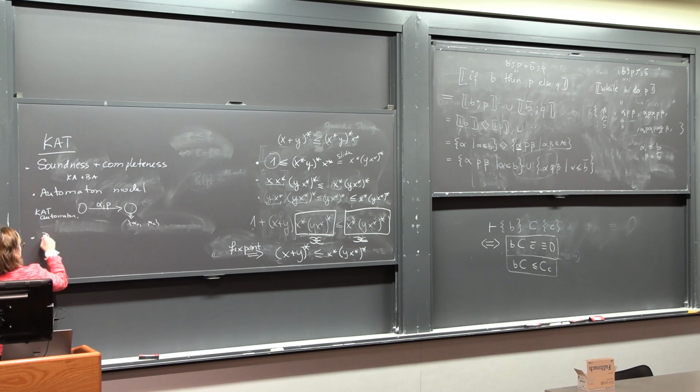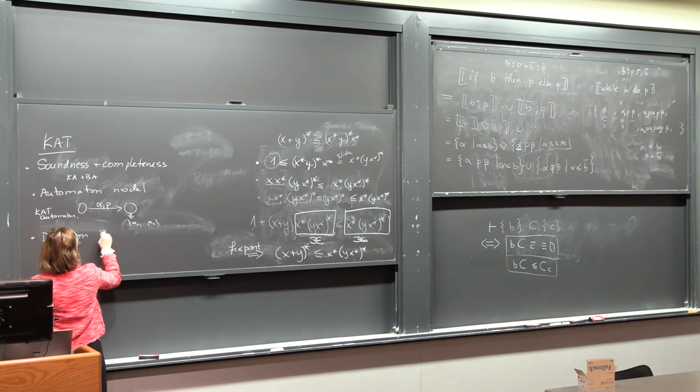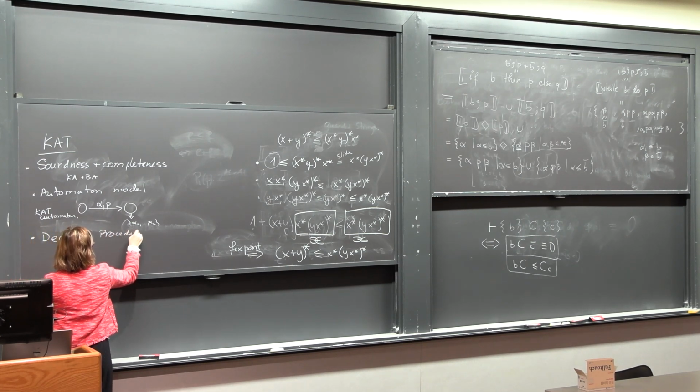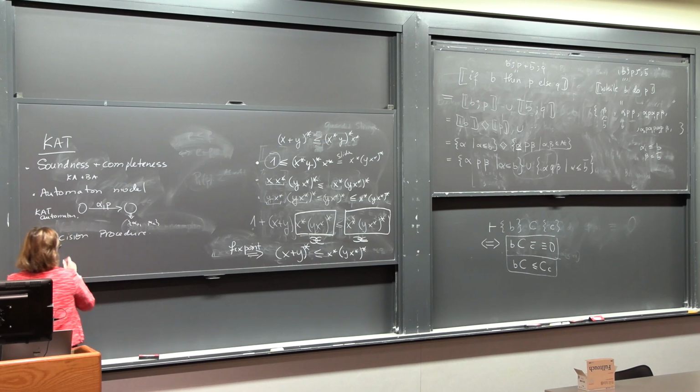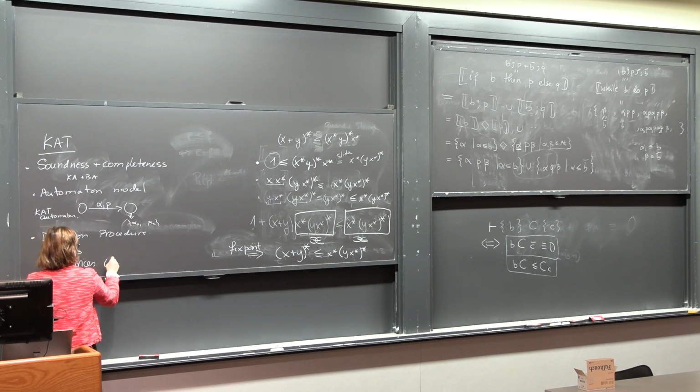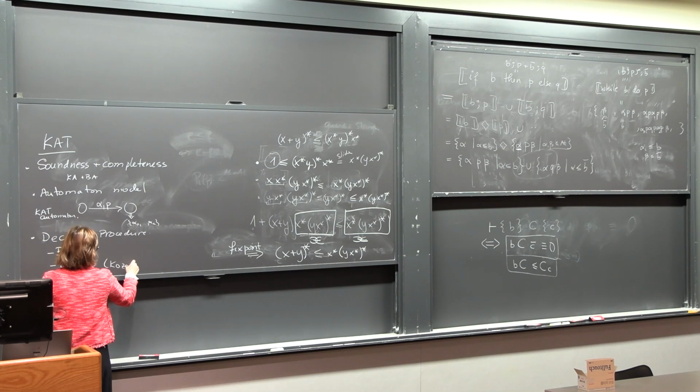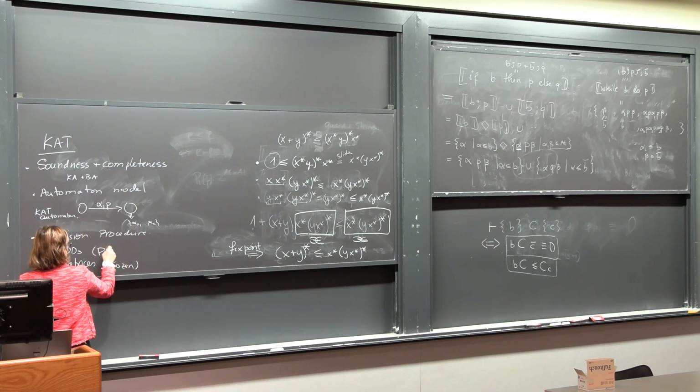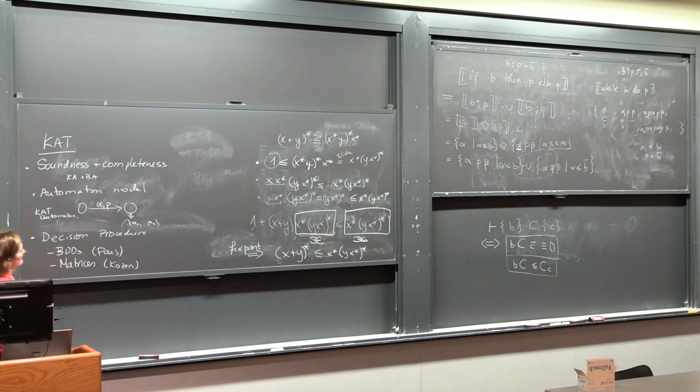The equivalence of these automata is decidable. And there are several decision procedures. One using BDDs, that's very nice. But there are others using matrices. This is due to Cozen, and this is due to Hoos.